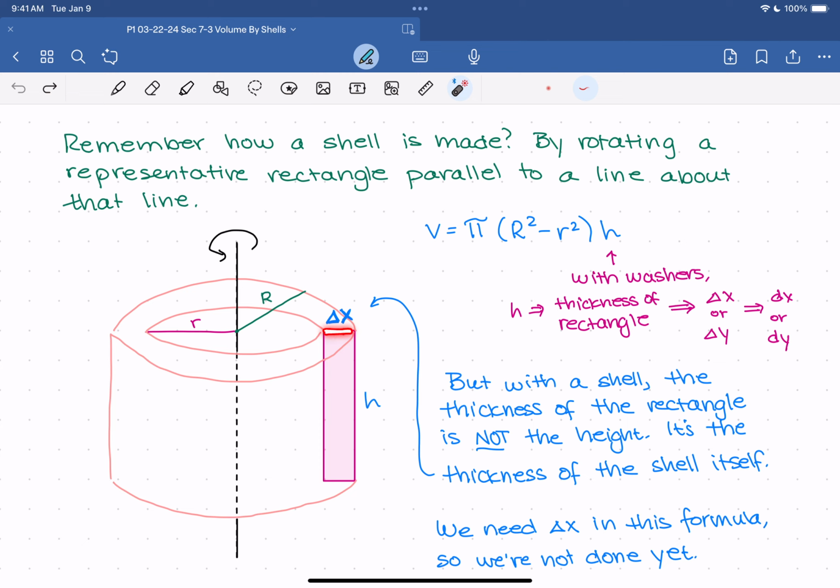I need a dx in my formula. And right now, the thickness of the shell is nowhere to be found in this formula. If I'm not going to get a delta x, I can't turn this into a dx and get my integral. So I have to play around with this a little bit to get this dx in there.